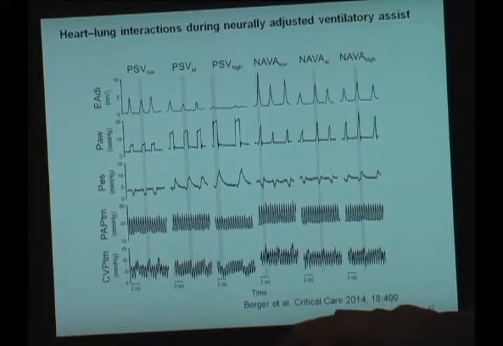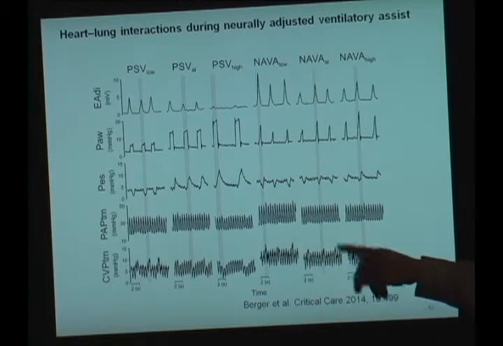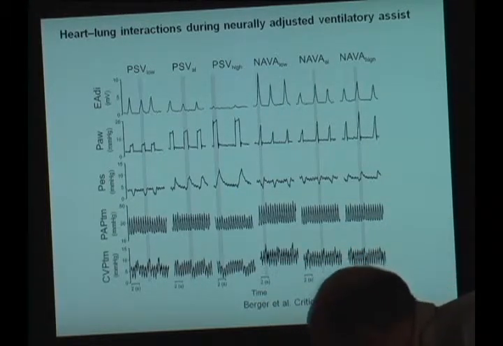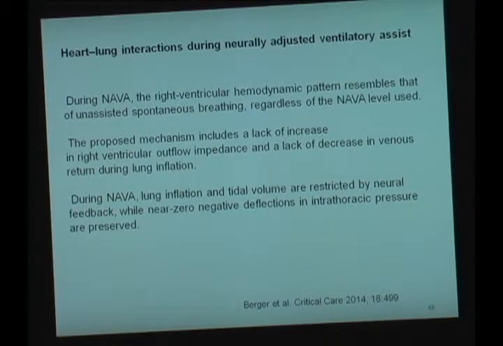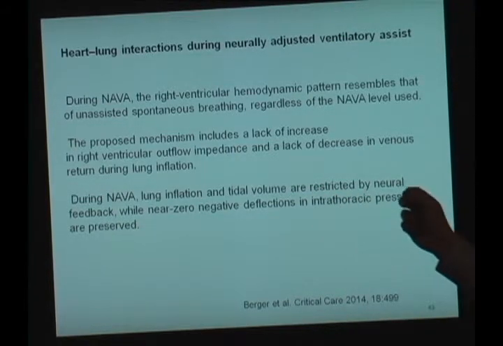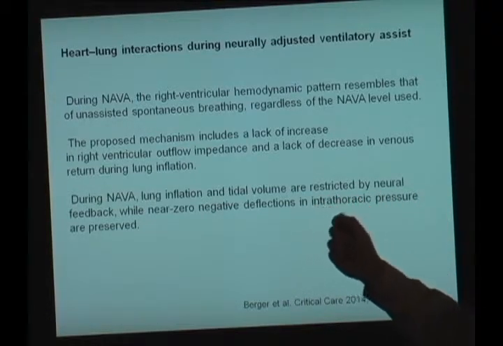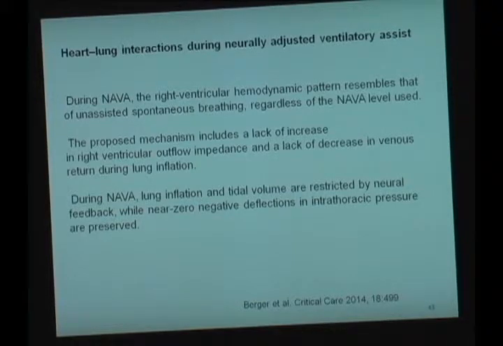And also the variation in central venous pressure and in the pulmonary pressure is less. So the authors conclude that NAVA is a ventilation that is similar to spontaneous breathing, regardless of the NAVA level, and decreases the impedance and the venous return during lung inflation, producing a better cardiac output.